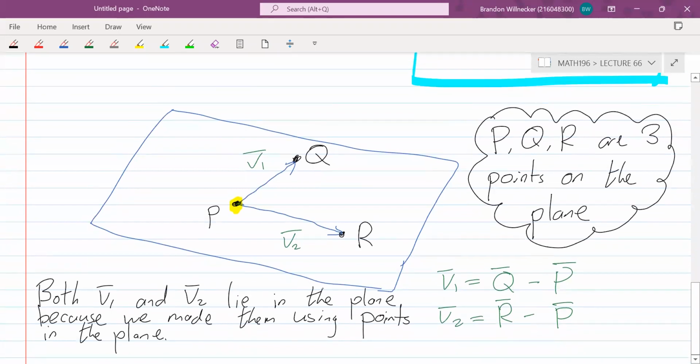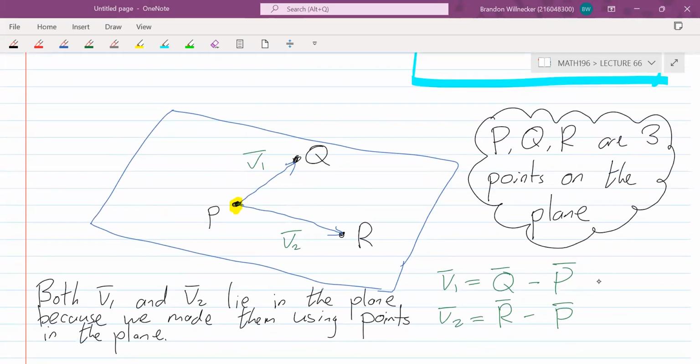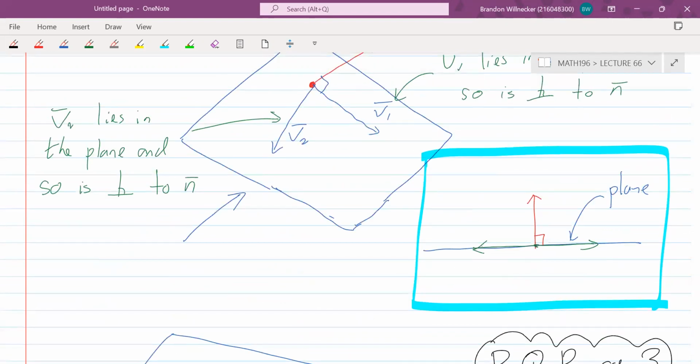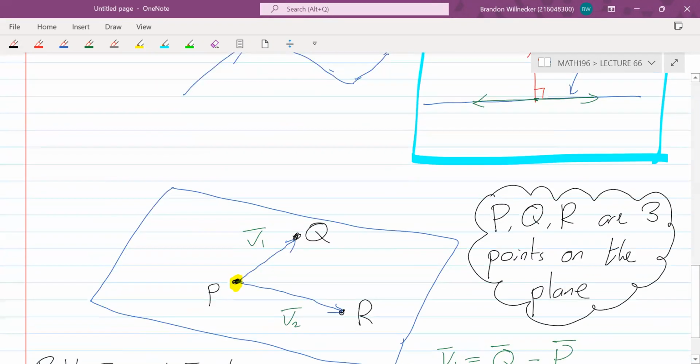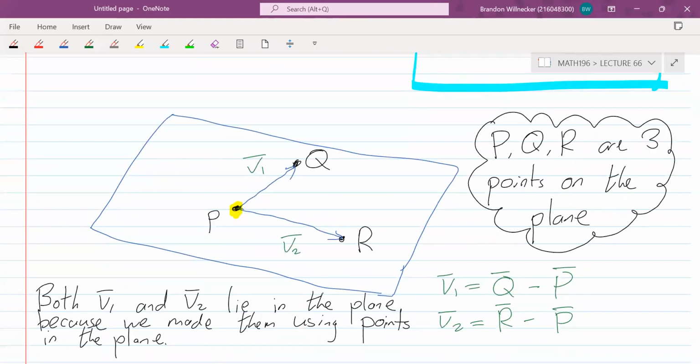Okay, so what we want to do now is find what the normal is. So remember what the normal was. That was the vector that is perpendicular to the plane. So we've got V1 and V2, and we want to find a vector that is perpendicular to both of them. So you should remember back when we did the cross product, if I have a vector A and a vector B, then the cross product is perpendicular to both of them.